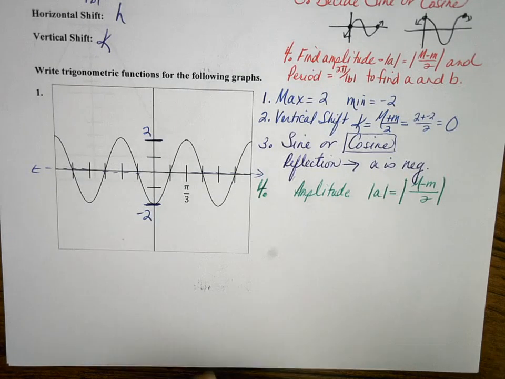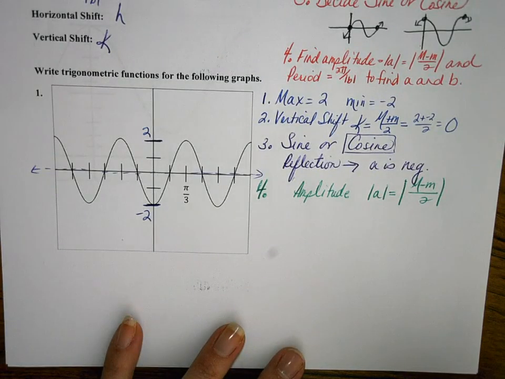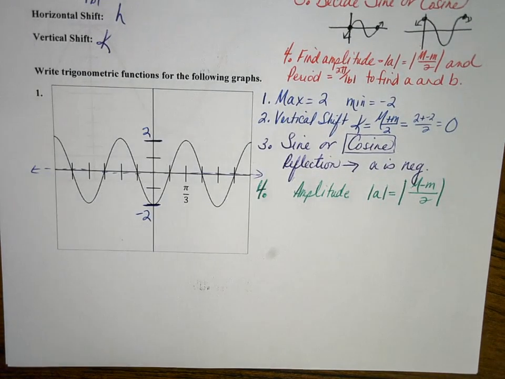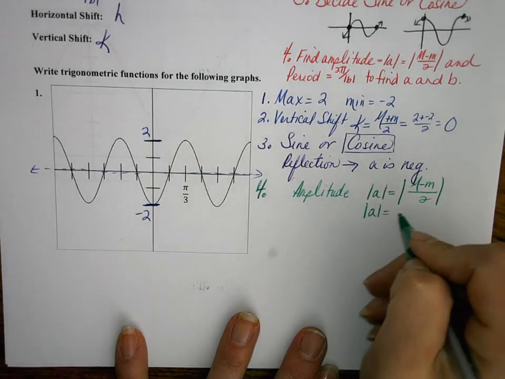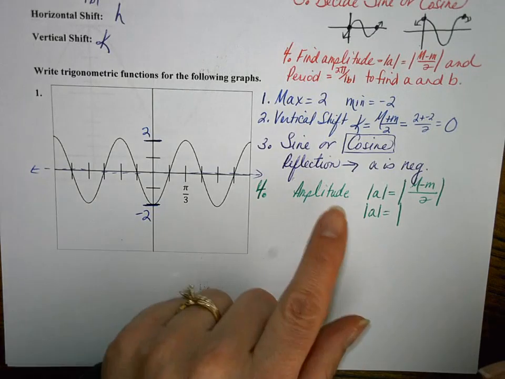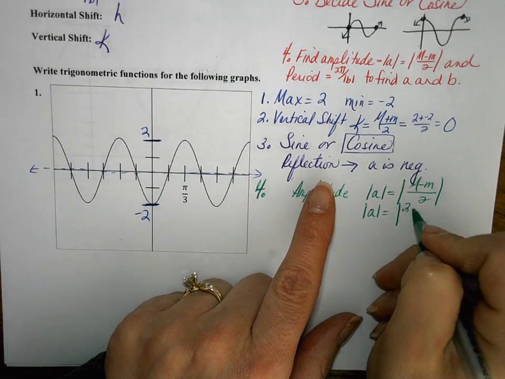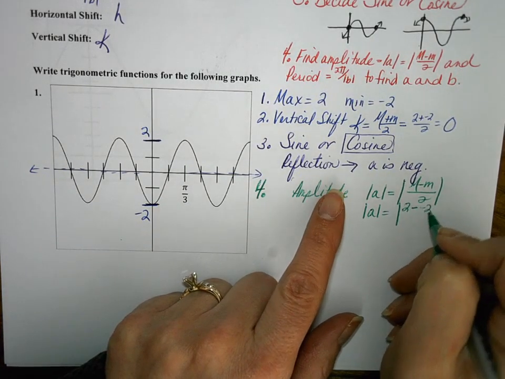If there is a shift vertically, my max and my min will not be like +6 and -6. So the absolute value of A is equal to the absolute value of, well, my maximum here is 2, subtract my minimum of -2, divided by 2.